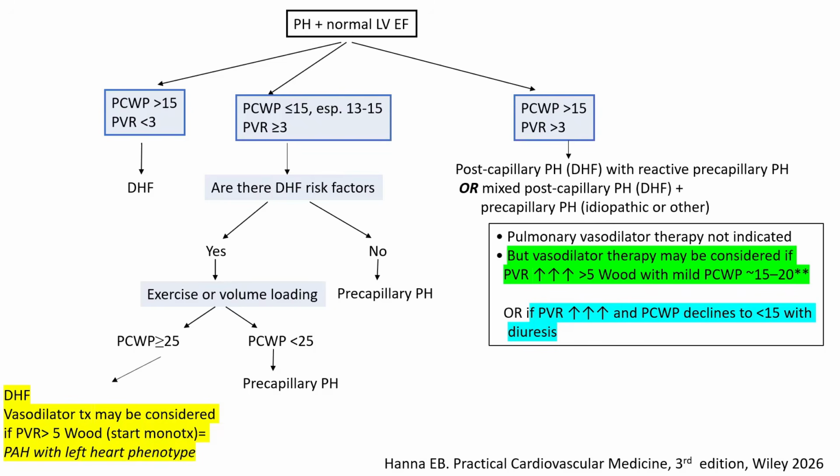Therefore, they vasodilate the circulation of the lung areas that are well ventilated. So they will not worsen VQ mismatch. But anyway, those patients may be treated with any pulmonary vasodilator therapy as long as PAH is severe. The important thing is to start with monotherapy in those patients with PAH and pulmonary phenotype.